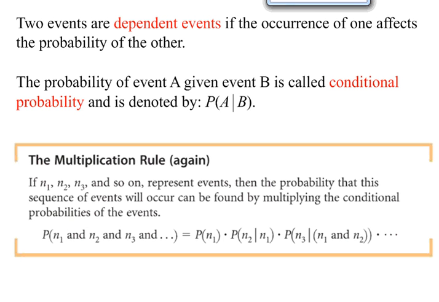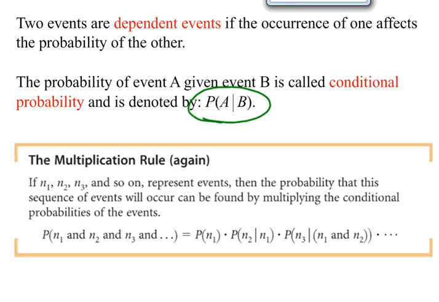The probability of an event A given event B is called conditional probability and is denoted by the notation that you see here, the probability of A given B. That's not a division symbol, it's not a division line, it is just a vertical line.